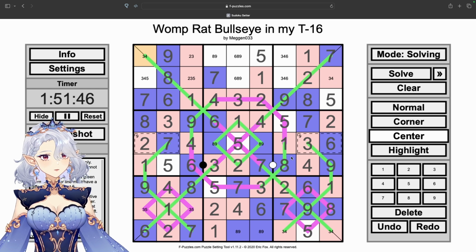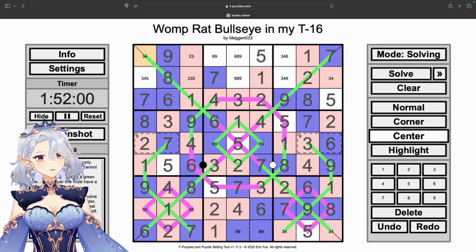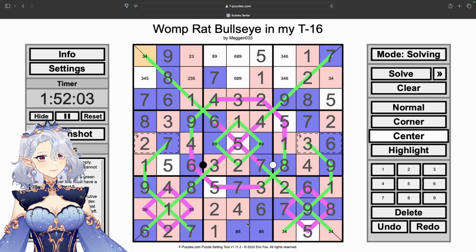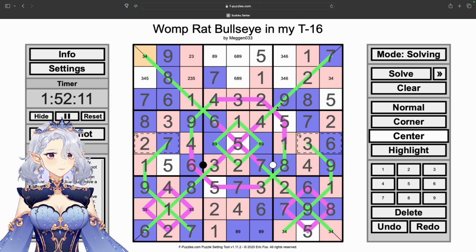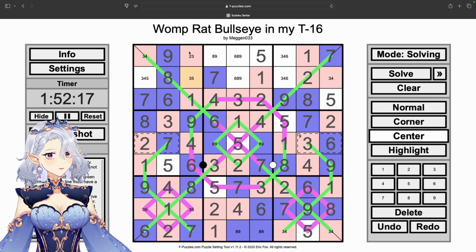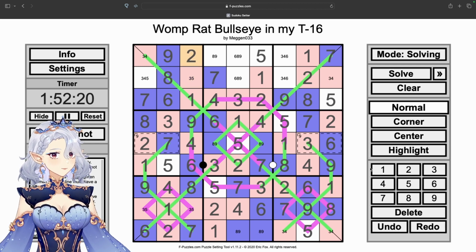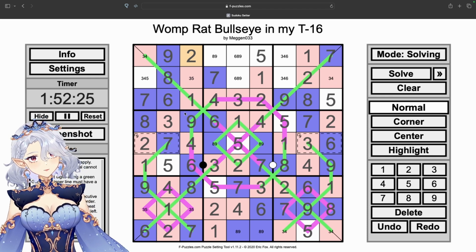Where's the thing that solves the knot? There's a knot here. Oh, this 2 says that this cannot be a 2 anymore, which means this has to be a 2. Then we have a 3, 5 pair here.